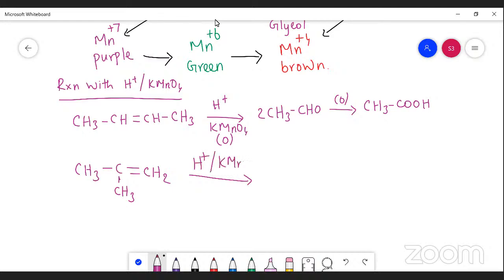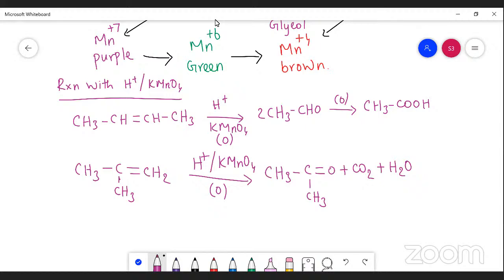On oxidation, we get a ketone, carbon dioxide and water. So the ketone is CH3-C(=O)-CH3, plus CO2 and H2O. So we get a ketone, carbon dioxide and water.